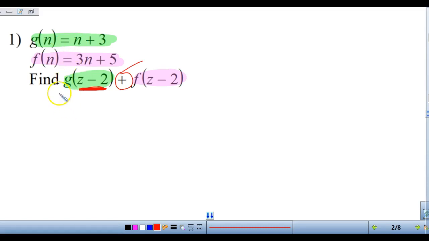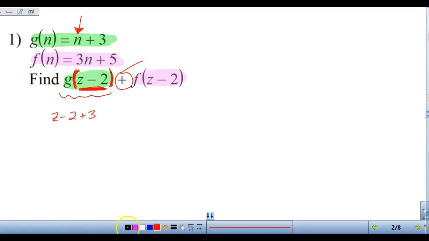For this g function here, wherever we saw an x or a variable, we're going to plug in this stuff in parentheses. So instead of n, where the variable is, we're plugging in z minus 2. So this is going to say z minus 2, cross my z, plus 3.